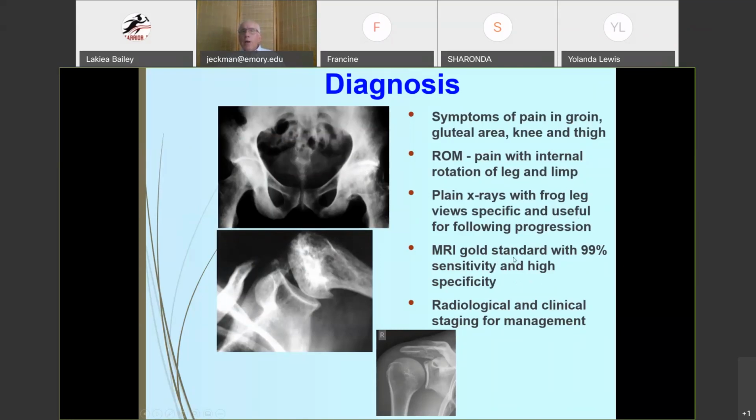Usually the MRI is just used to make the diagnosis, and then after that, the plain X-rays are used to follow the disease to see how it's progressing. And then the radiology or the X-ray changes and the clinical staging are what are used for management.